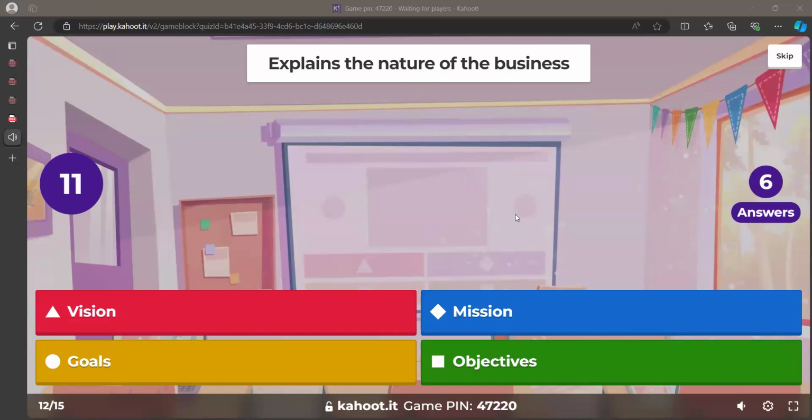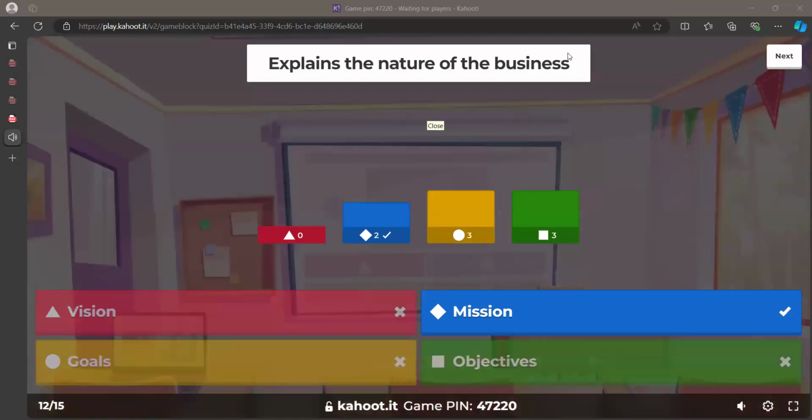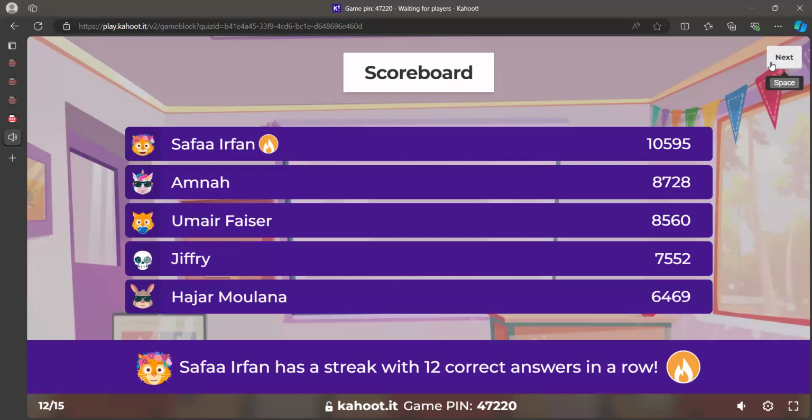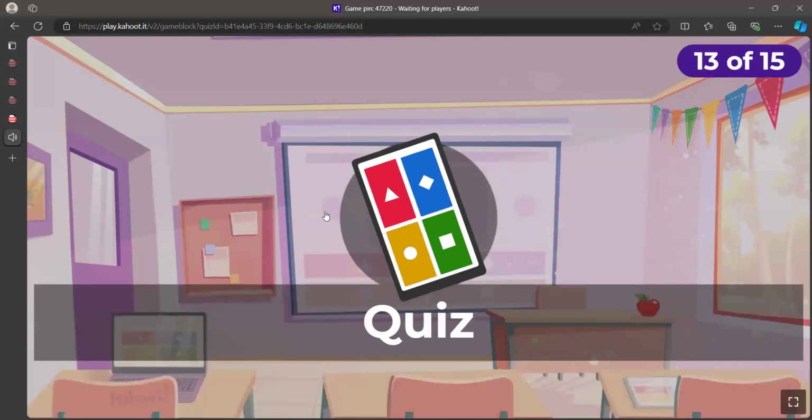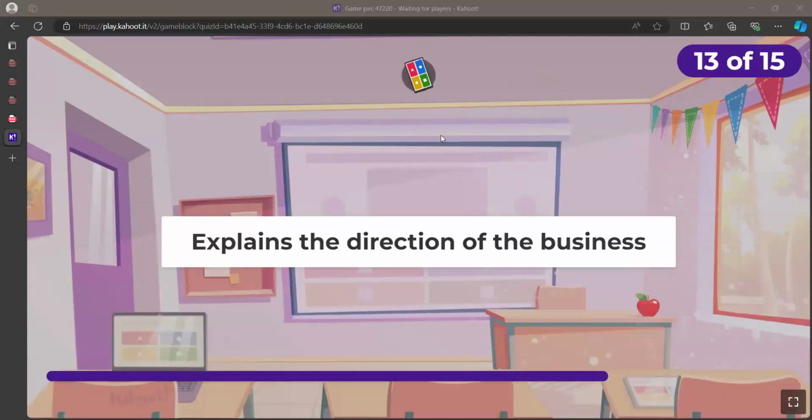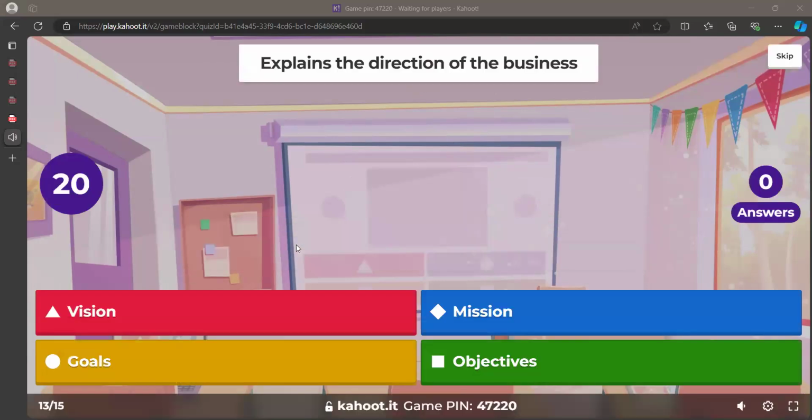Who is that? Yes, that's Shaitan in every class. True. Explain the direction of the business. Which one?